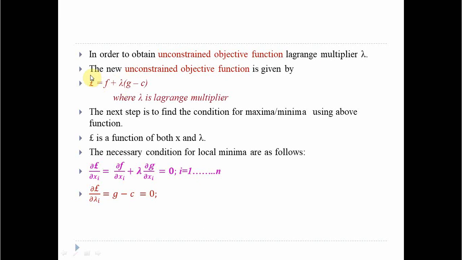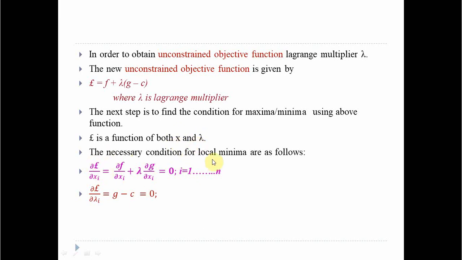So this unconstrained objective function is a function of x1, x2, x3 so on till xn, as well as this Lagrange's multiplier. So when you are differentiating it, you have to differentiate it with respect to both x and lambda. x is a vector which consists of all the variables, that is x1, x2 till xn, and lambda is a scalar variable. So this unconstrained objective function is differentiated with respect to both x and lambda.